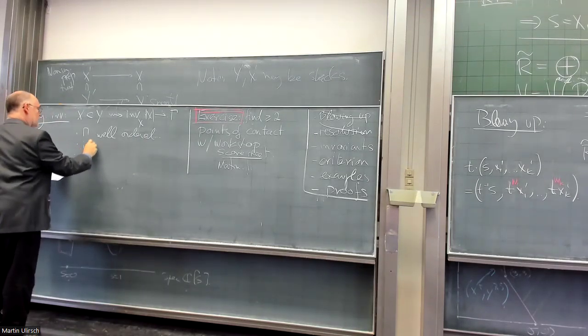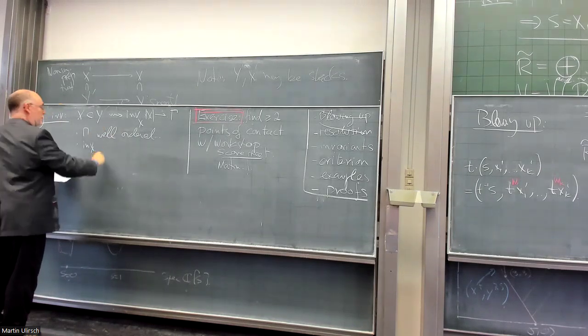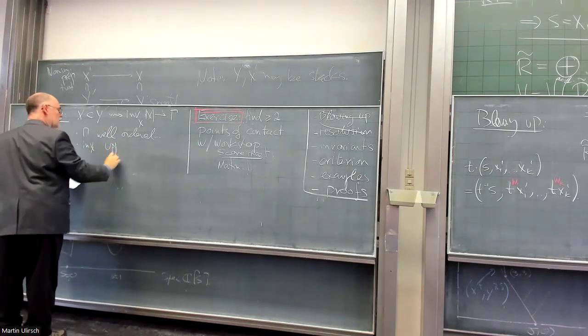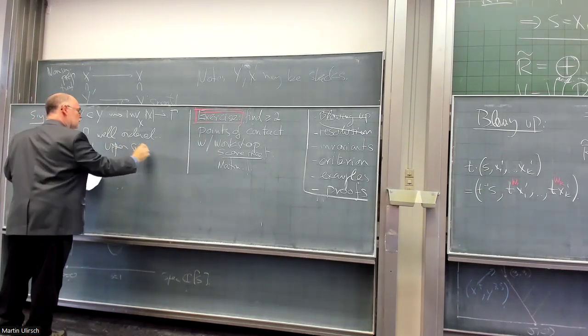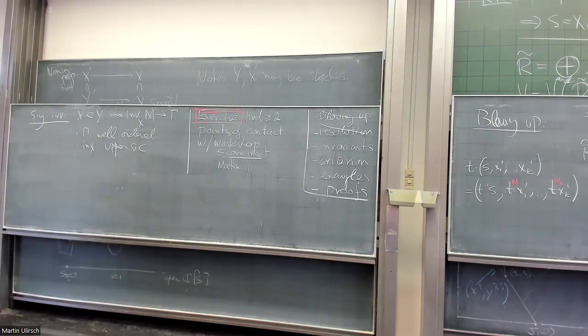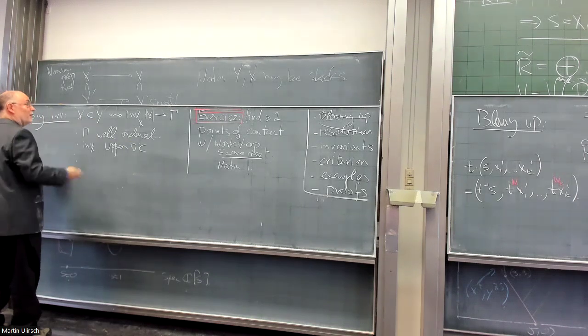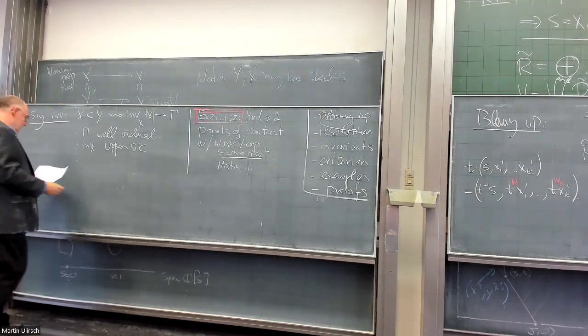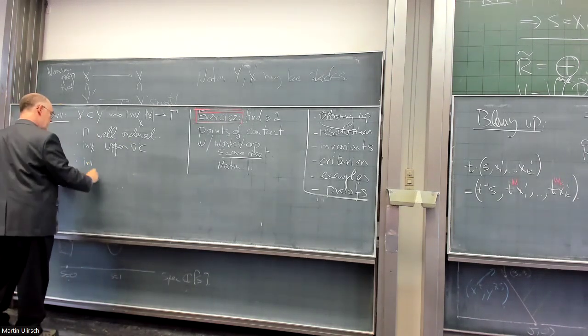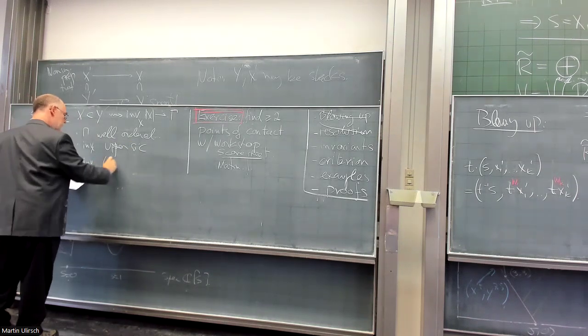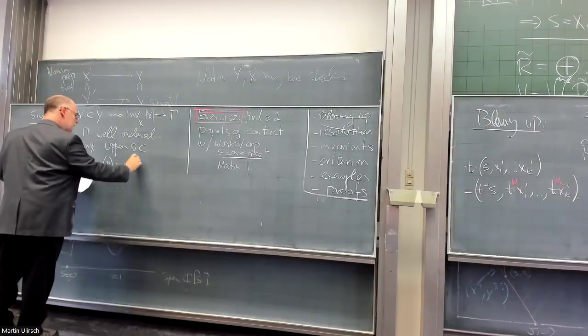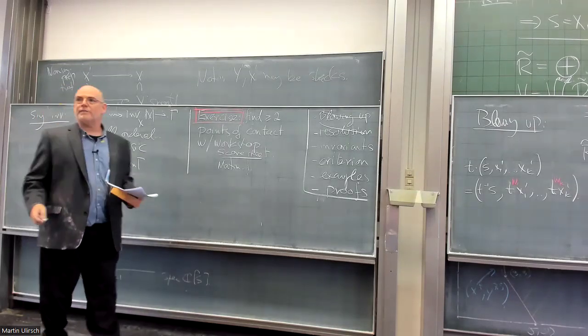I want this to be upper semi-continuous, so that when things get worse, you get into a closed subset. And you also want it to be a singularity invariant, so it takes its minimum value if and only if the point is smooth.